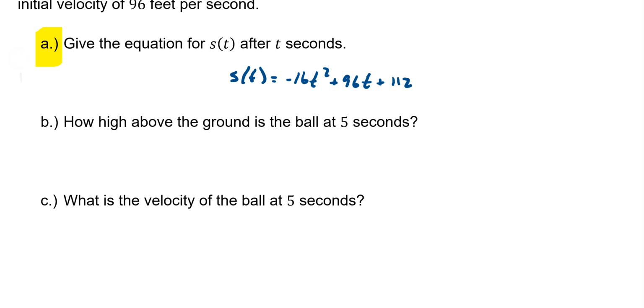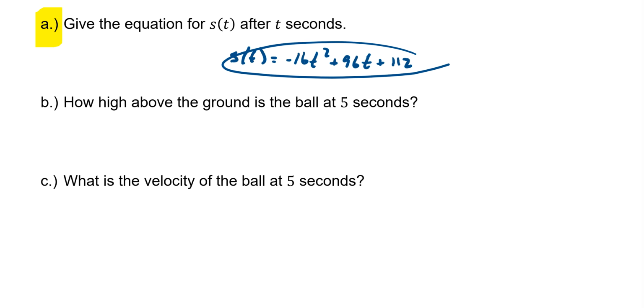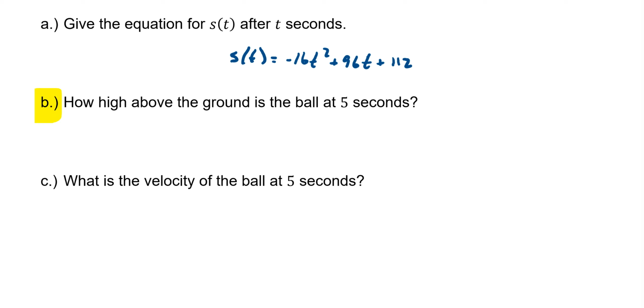Okay, so let's use this equation. Now all we have to do is take a look at this equation and nothing else. Part B, we want to know how high above the ground the ball is at 5 seconds. So all we have to do for this one is evaluate s of 5, right? We're looking for height, so we want to know how high, that's s of 5, the height after 5 seconds.